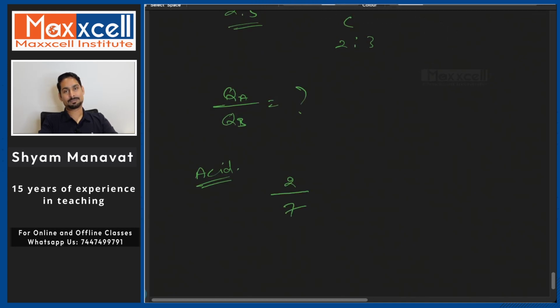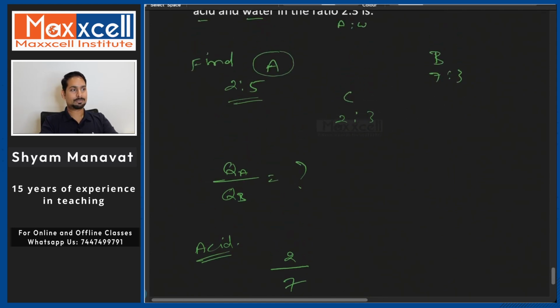I hope you are not confused here. See, it's 2:5, so acid is 2 out of a total of 2 plus 5, 7. So acid is 2 out of 7.